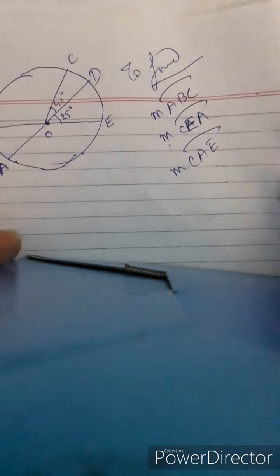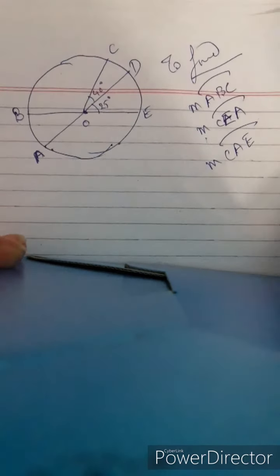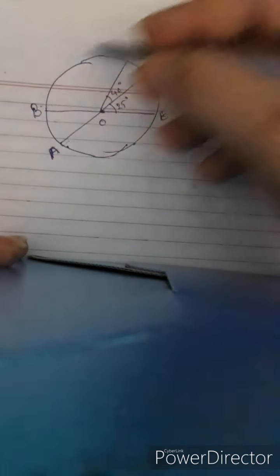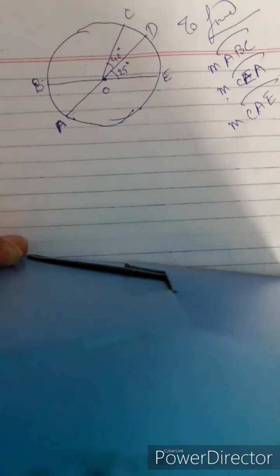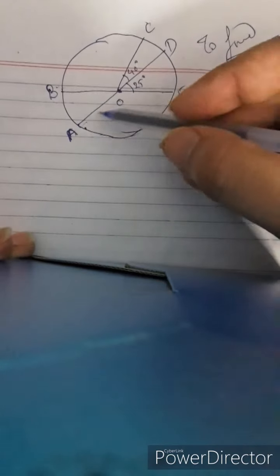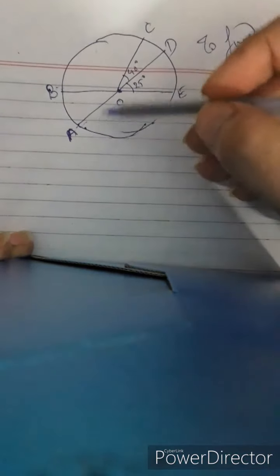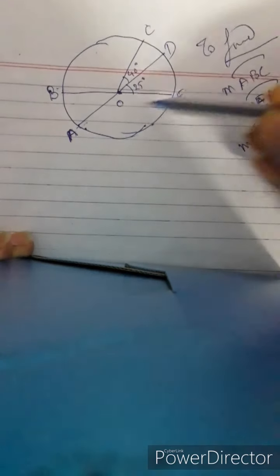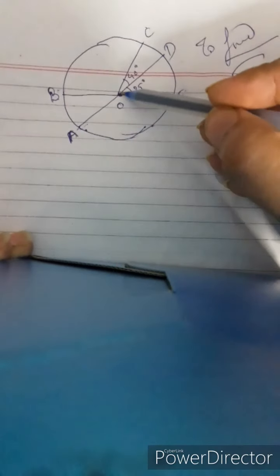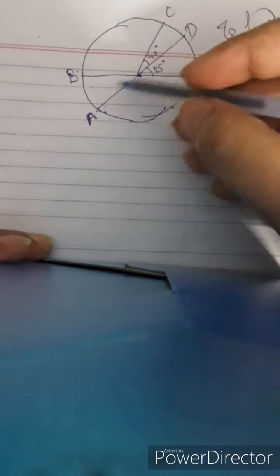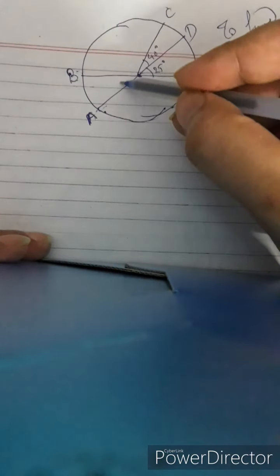So how do we find them? We'll first find ABC. We know that BOE is a straight line, so this total will be 180 degrees.